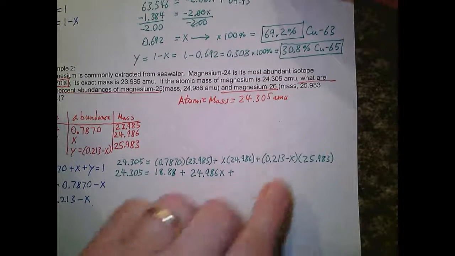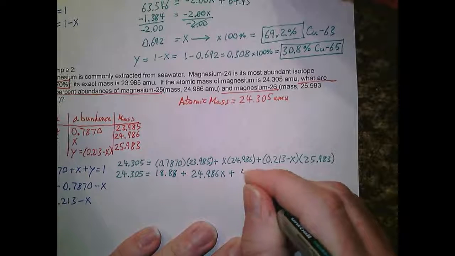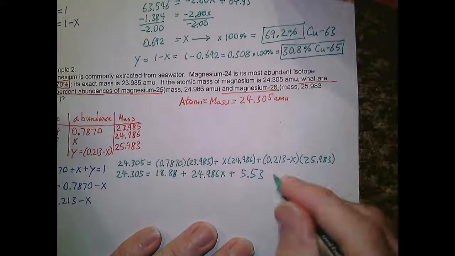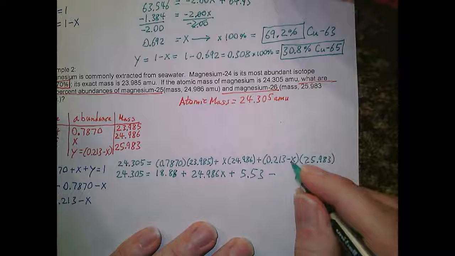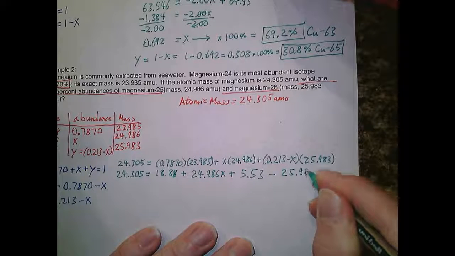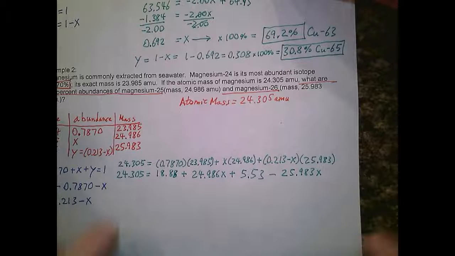We're going to keep 5.53, that's fine. And then x times that is just 25.983x, with a minus.